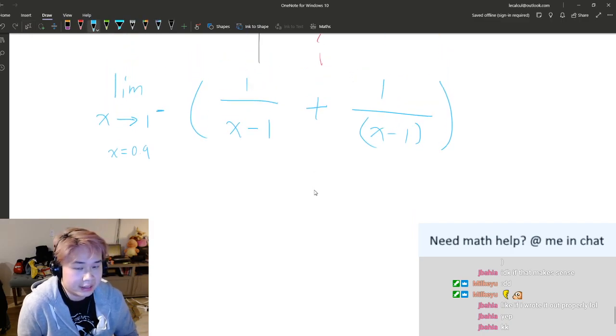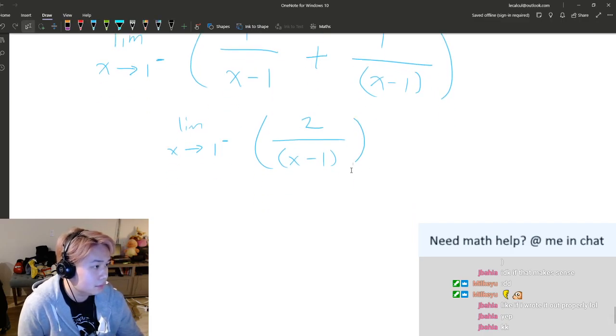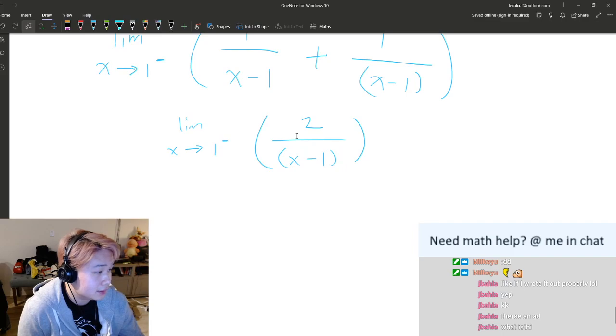So what we get is the limit as x goes to 1 from the left side of 2 over x minus 1. Okay, and then there's no fancy tricks. This is as simple as it gets.